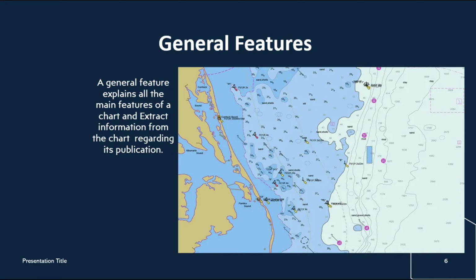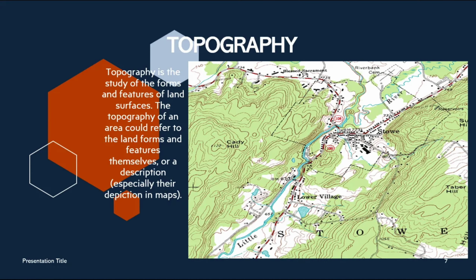Within these two types, symbology sets are shown. NGA also, National Geospatial-Intelligence Agency, when an INT symbol is not used. And to be followed by topography.